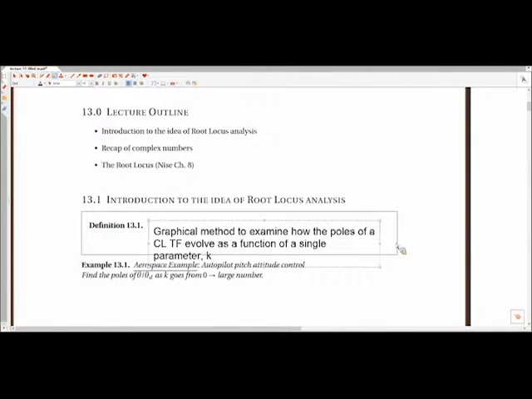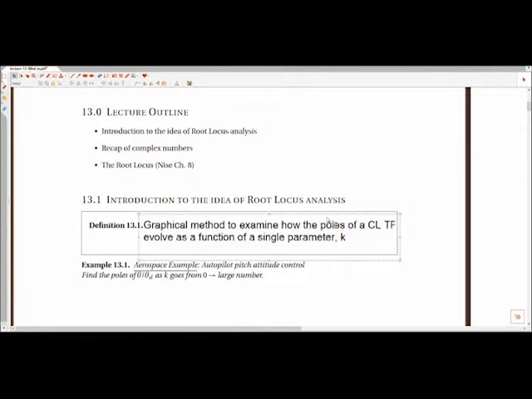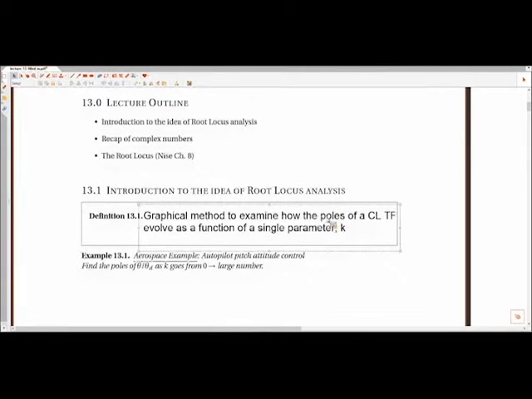And we give this single parameter the variable name k.